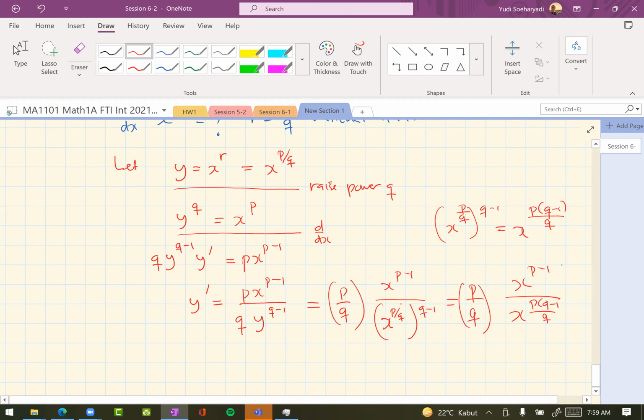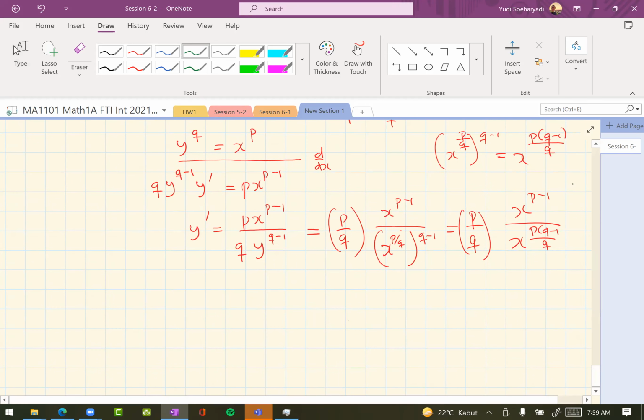All right, so how to compute this power? To compute that power, you subtract: p minus 1, subtract p.